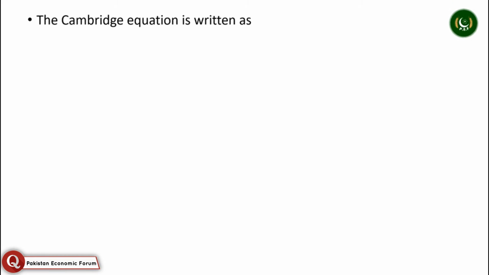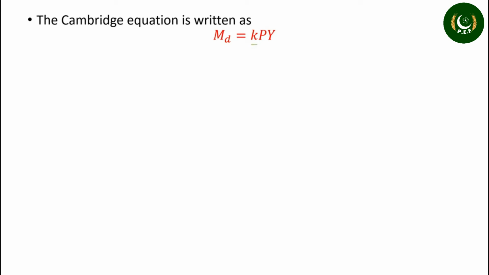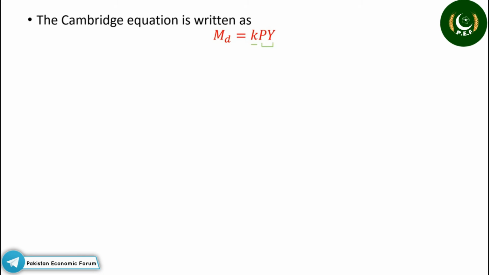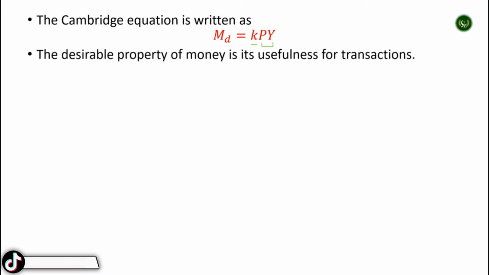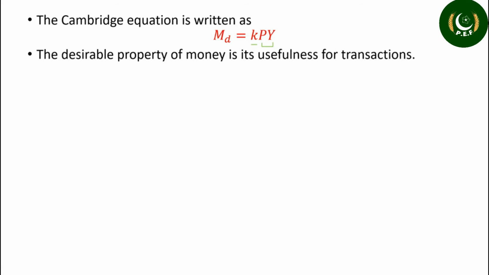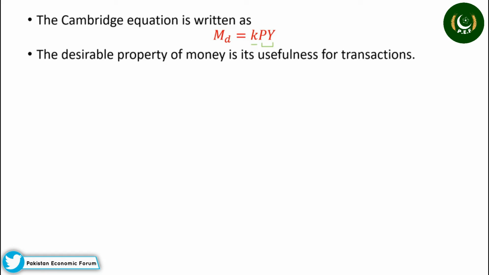The Cambridge equation is written as, which states that money demand is assumed to be a proportion K of nominal income, which is the price level P times the level of real income Y. The desirable property of money is its usefulness for transactions.